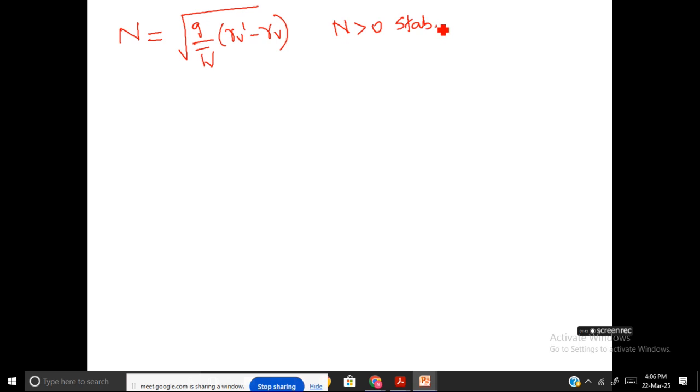We learned three different levels in the atmosphere, namely lifting condensation level. Now we know what is Brunt-Väisälä frequency N, which is given by root of g by Tv into gamma v dash minus gamma v, and when N is greater than 0, it is stable, N is less than 0 is unstable.